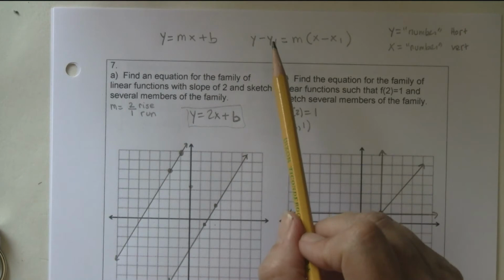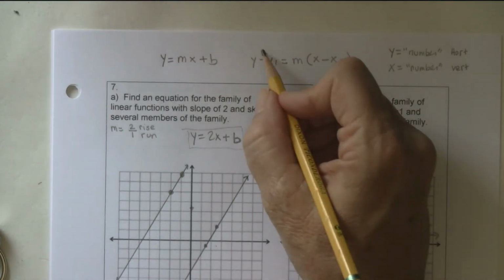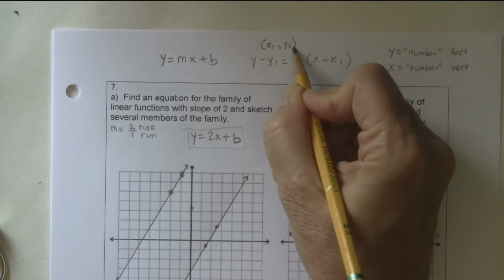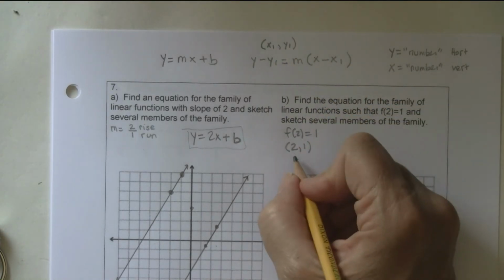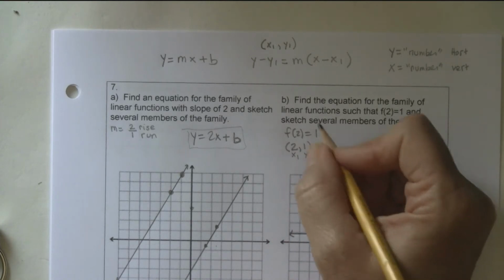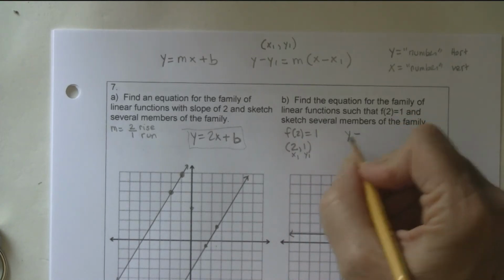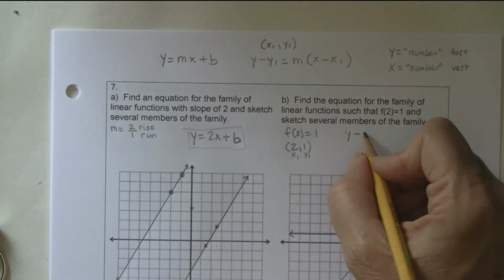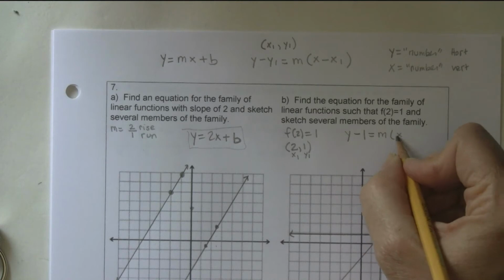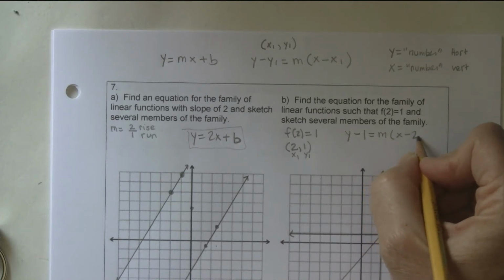But this equation over here, the x1, y1 stands for a point on the line. And we have that point, (2, 1), right? So y minus y1, which is 1, equals, the slope can be anything, times x minus 2.